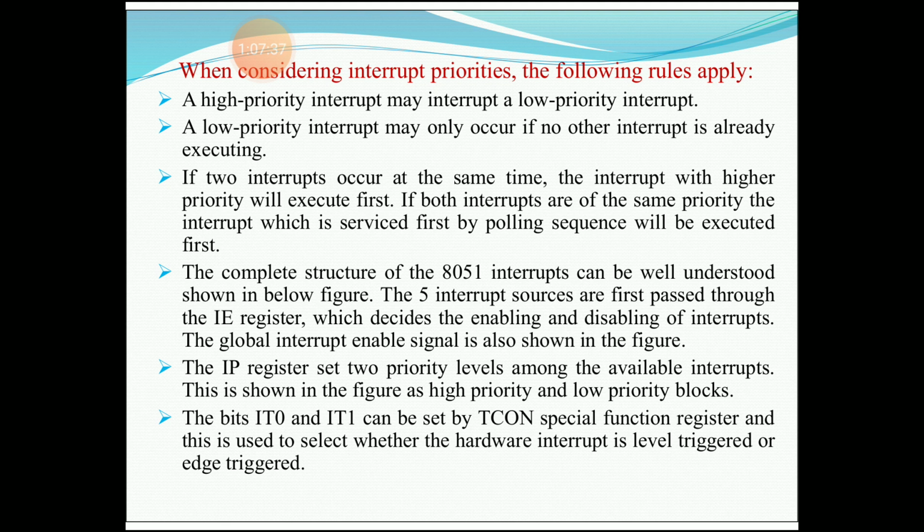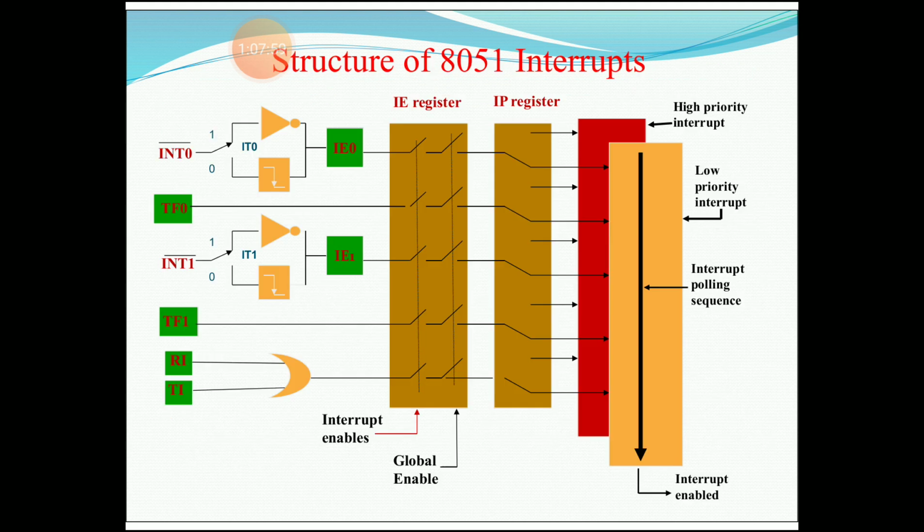The IP register sets 2 priority levels among the available interrupts. This is also shown in the diagram as high priority and low priority blocks. The bits IT0 and IT1 can be set by using the TCON register, and this is used to select whether the hardware interrupt is level triggered or edge triggered.